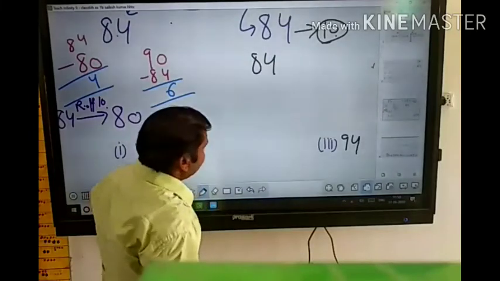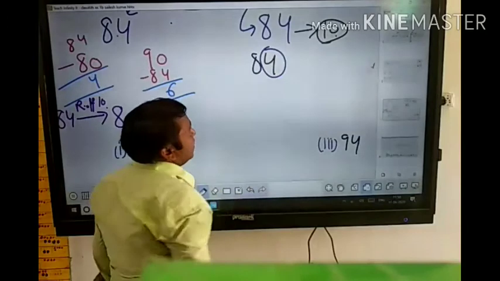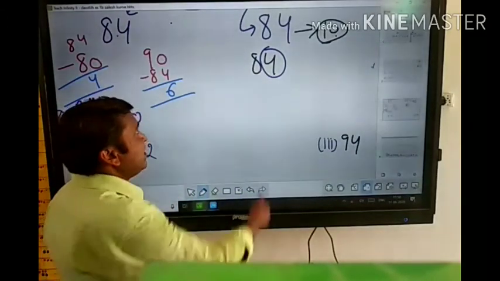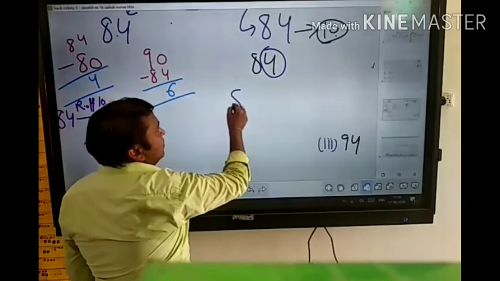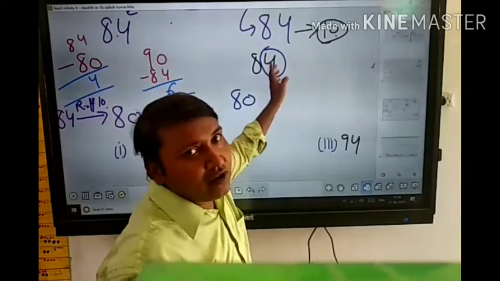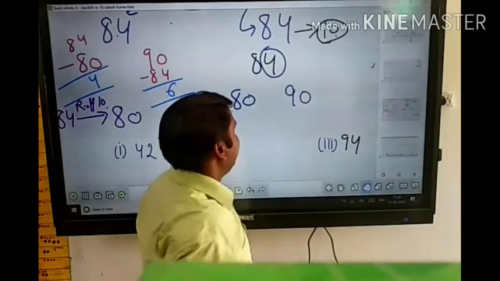Now what is the unit digit? Unit digit is 4. If the unit digit is less than 5, then the number rounds down to 80. And if the unit digit is 5 or more than 5, then its answer will be 90.